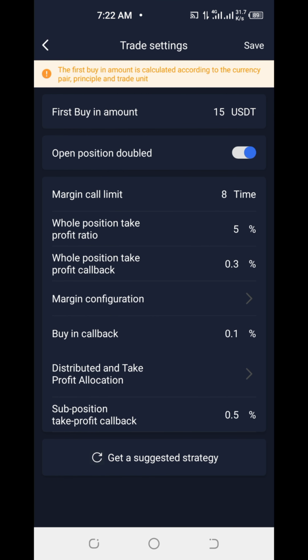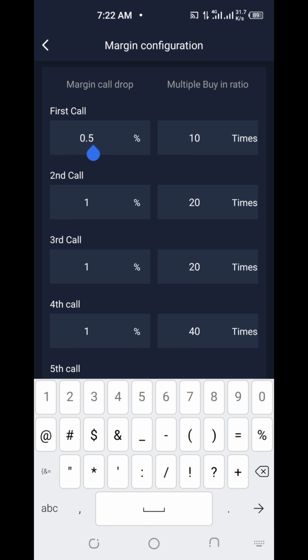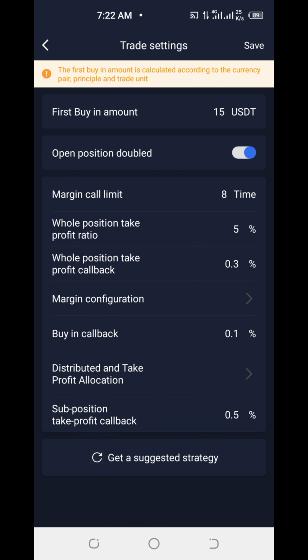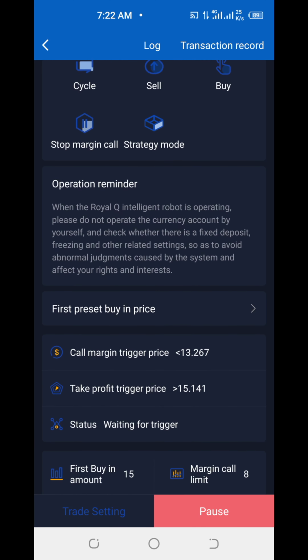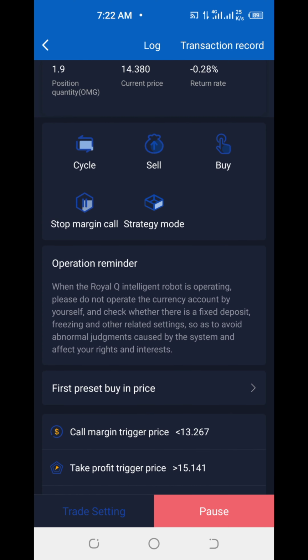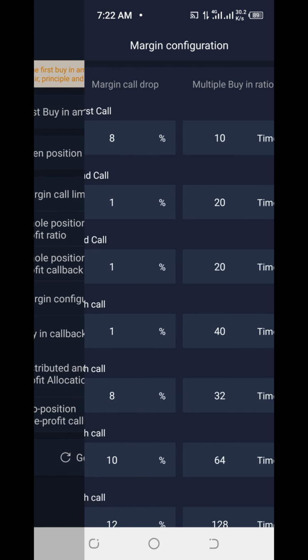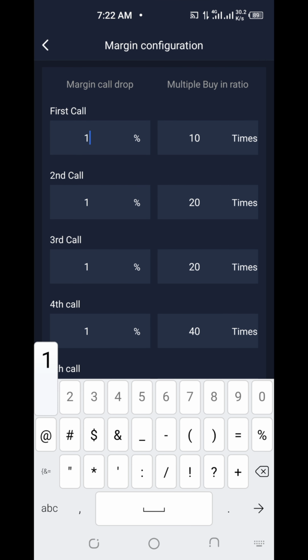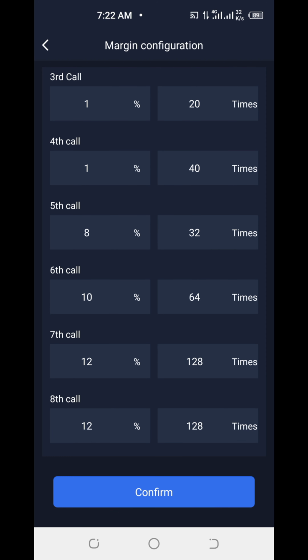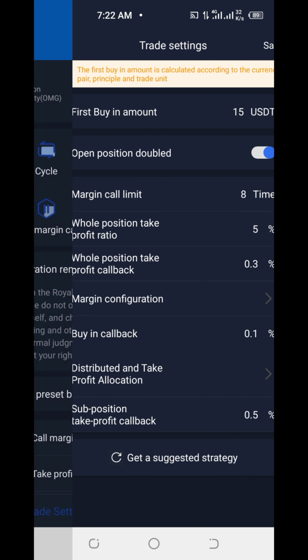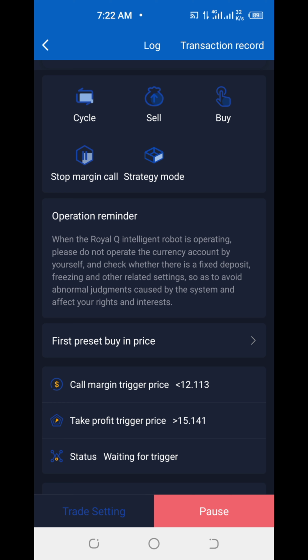Let's check the percentage. Let me just do that for us. My first margin, let me take it to 8 and see where 8 will be. Okay, 8 is still 13.28%. So let's change it to 16%. 16% is 12.1.